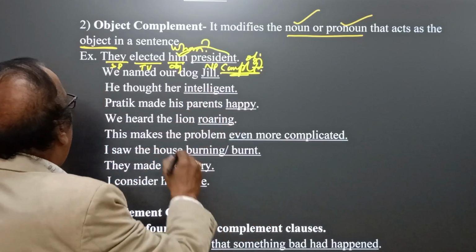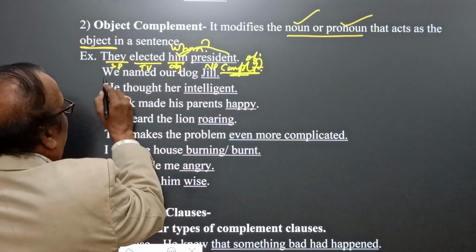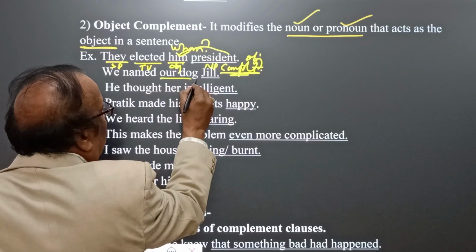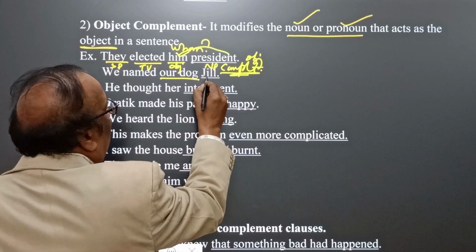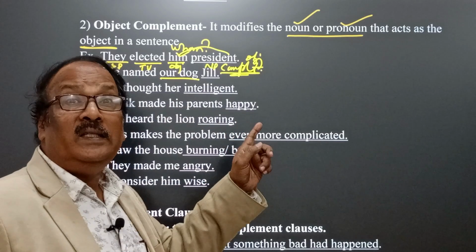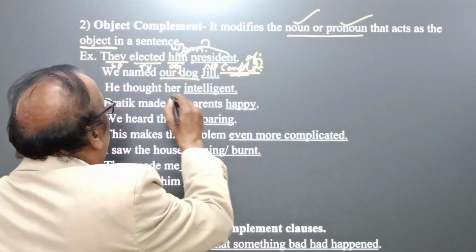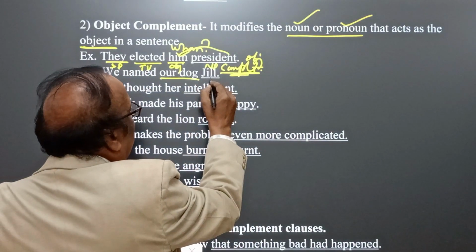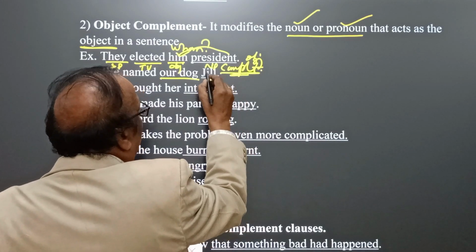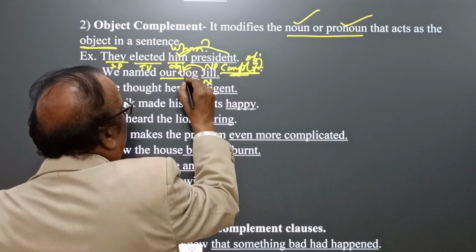Yes. And we named our dog Jill. We named what? Our dog. It means here whom? Our dog. What? Jill. It means we named our dog Jill. Jill is a noun, and Jill qualifies our dog.